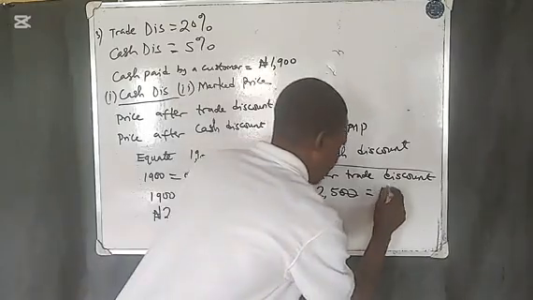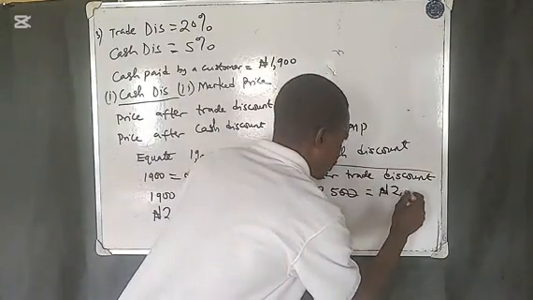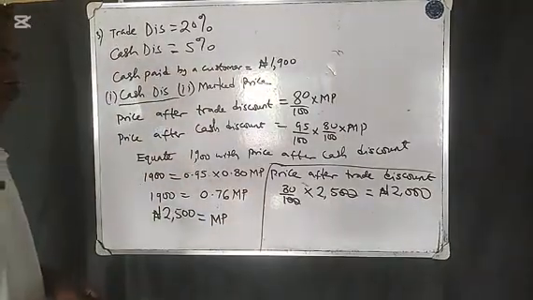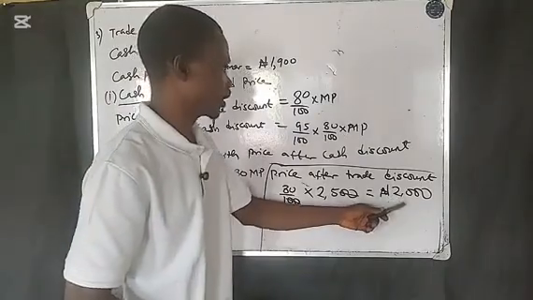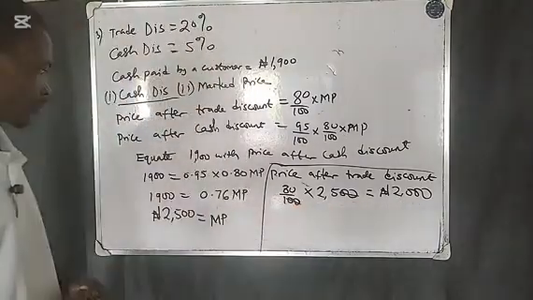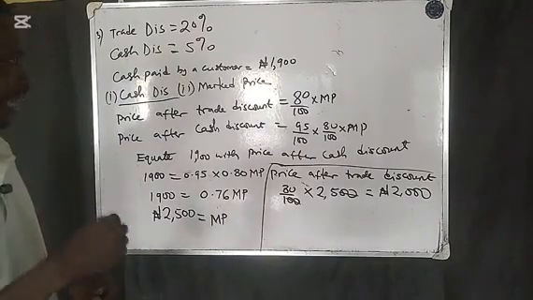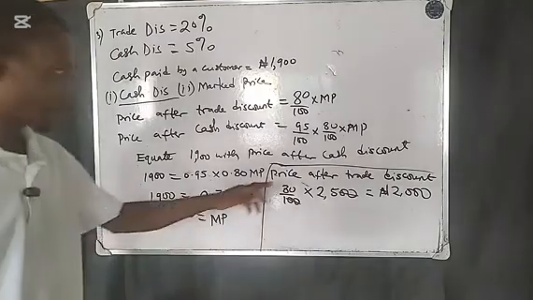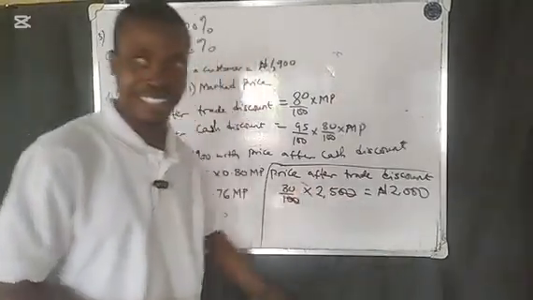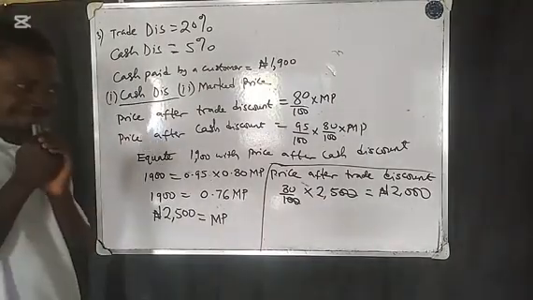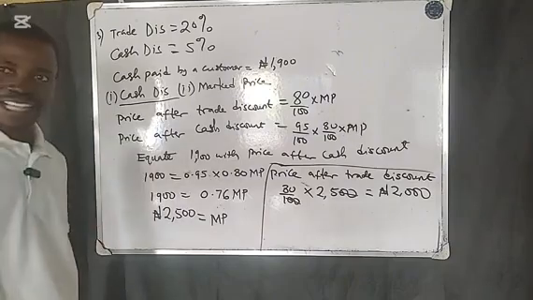This is 2,000, right? After the trade discount is gone, the amount remaining is 2,000. But how much did the guy pay at the end of the day? You know, this is the price after trade discount. He paid 1,900. So what is the cash discount now? 100 naira.